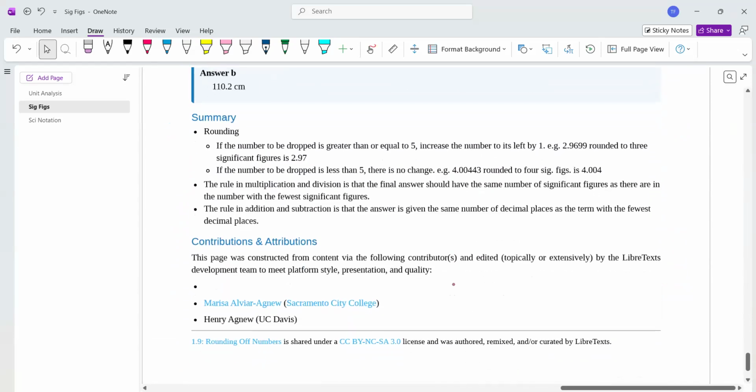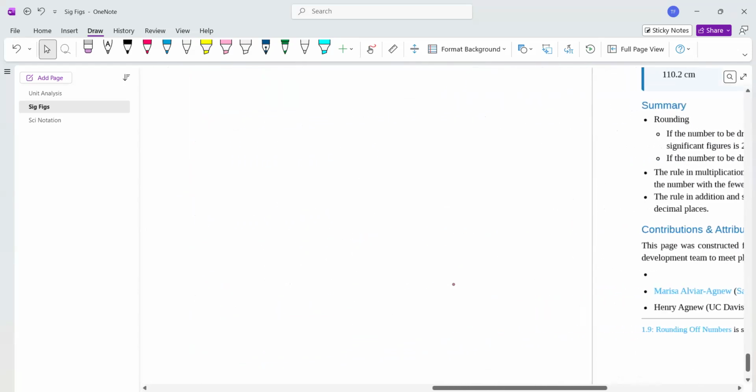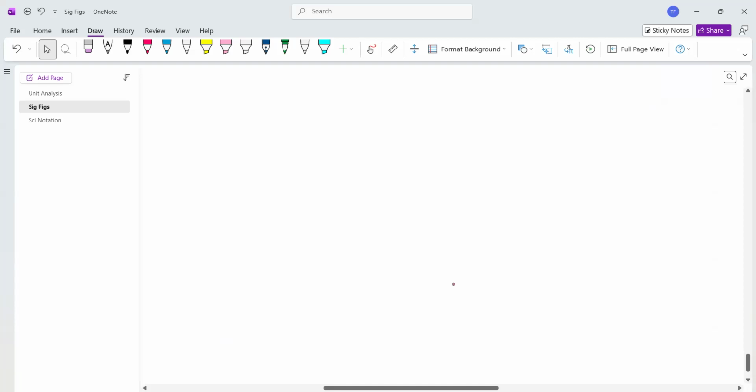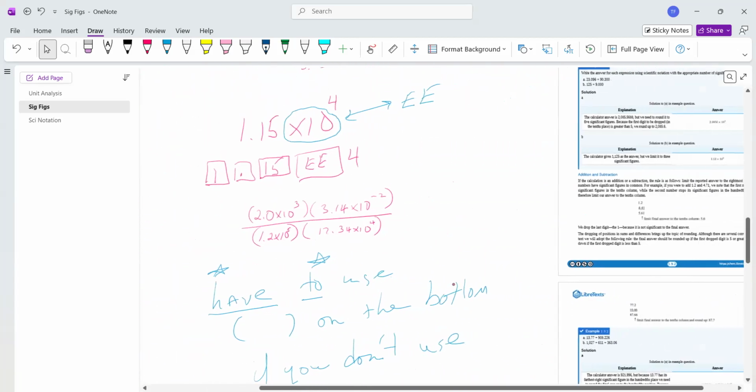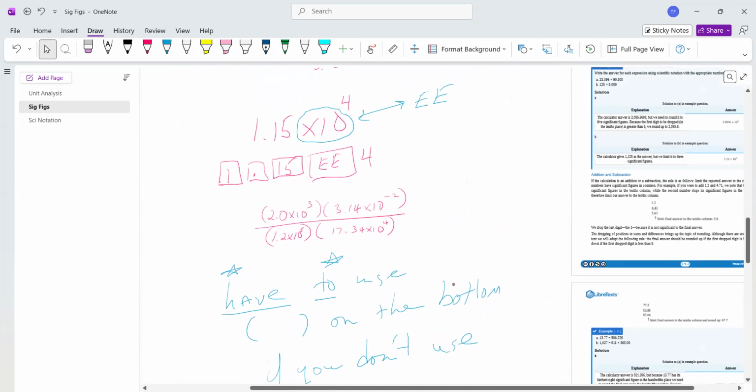So basically, I'm going to be following this fairly closely. So you've got the videos of me going over this stuff, and you also have the online textbook. You also have free tutoring at the library.